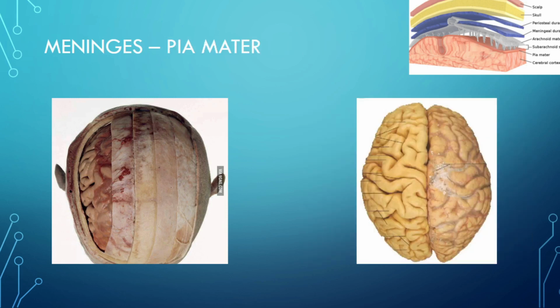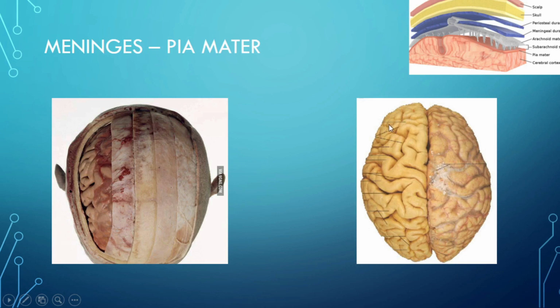And then the innermost layer is the pia. This is very thin. It means delicate mother, if you want to be specific. And the pia is actually completely adhered to the surface of the brain. So on this side of the brain here, we can see the right side of the brain, we can see the arachnoid layer still intact.